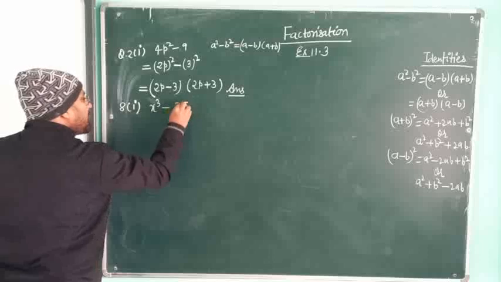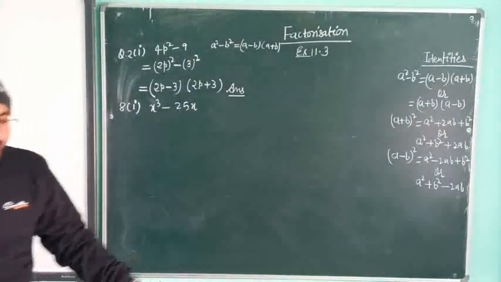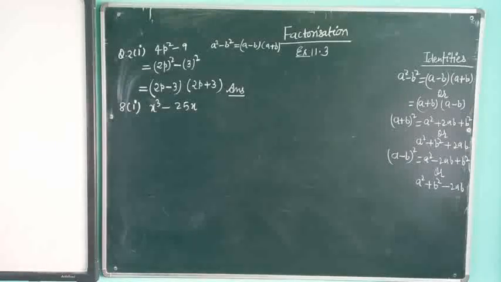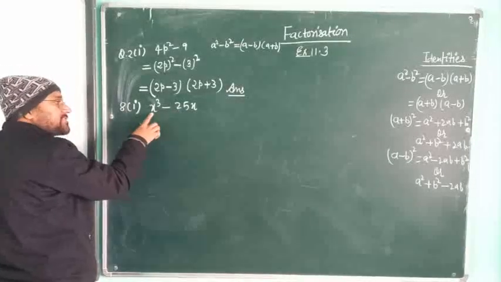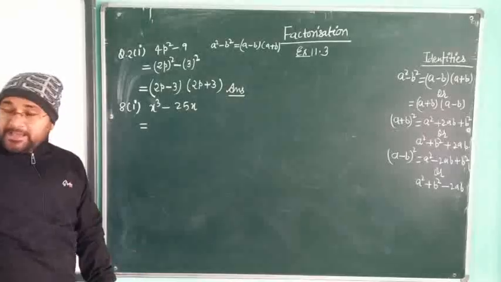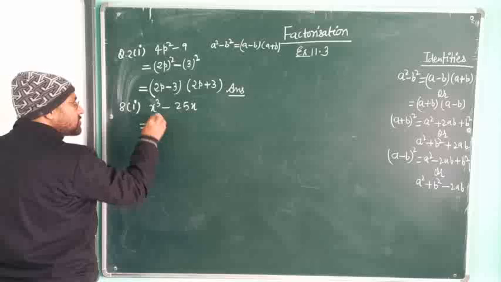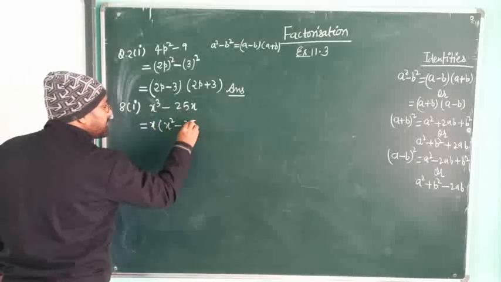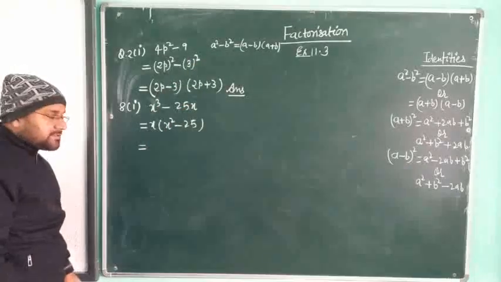x cube minus 25x. This is our next question. Now I am going to solve this one. I can take x as common. You can see x cube is there; we cannot write it in the form of a square. So I take x as common. What is remaining? x square minus 25. Now we can make this a square minus b square.